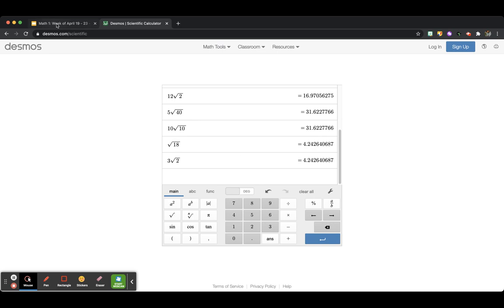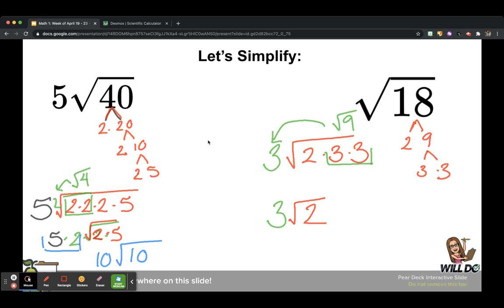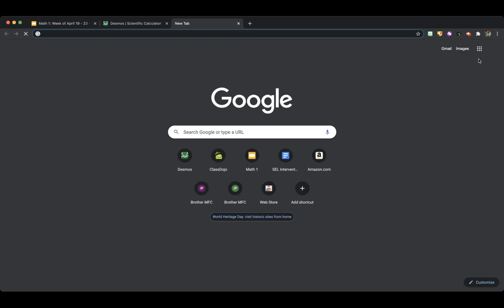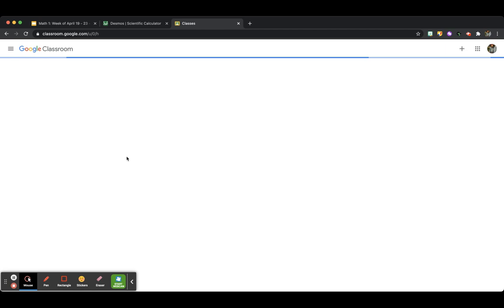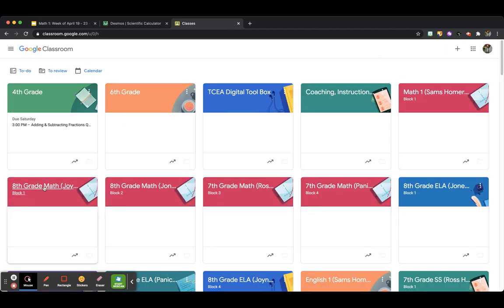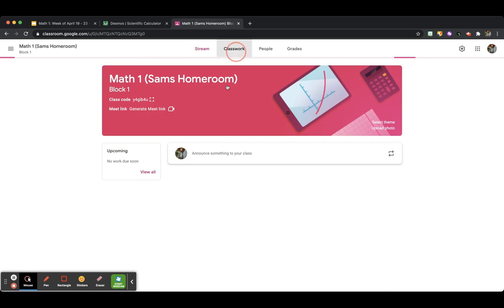So today we are just simplifying our particular radicals. And please do not forget, inside of your Google Classroom, if you are watching this during the 2020-2021 school year, you are going to end up finding 2 assignments that are identical.